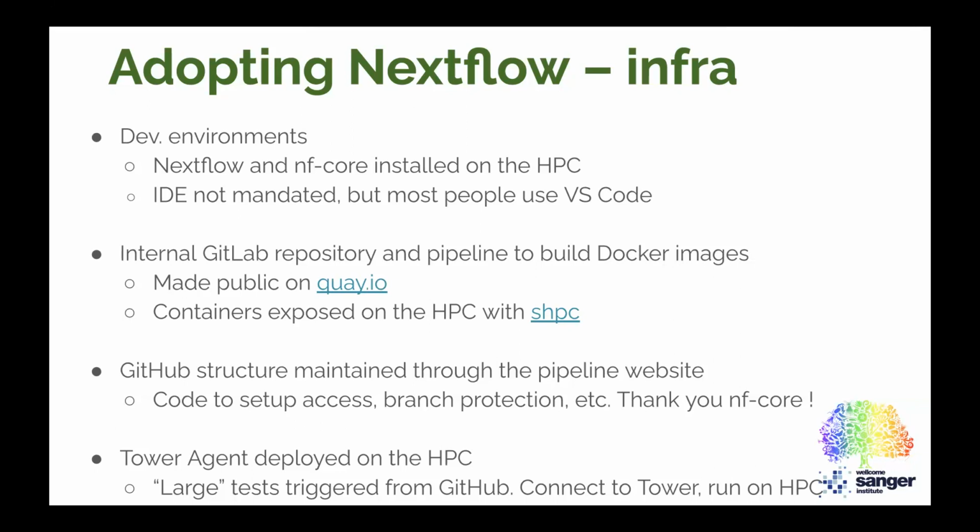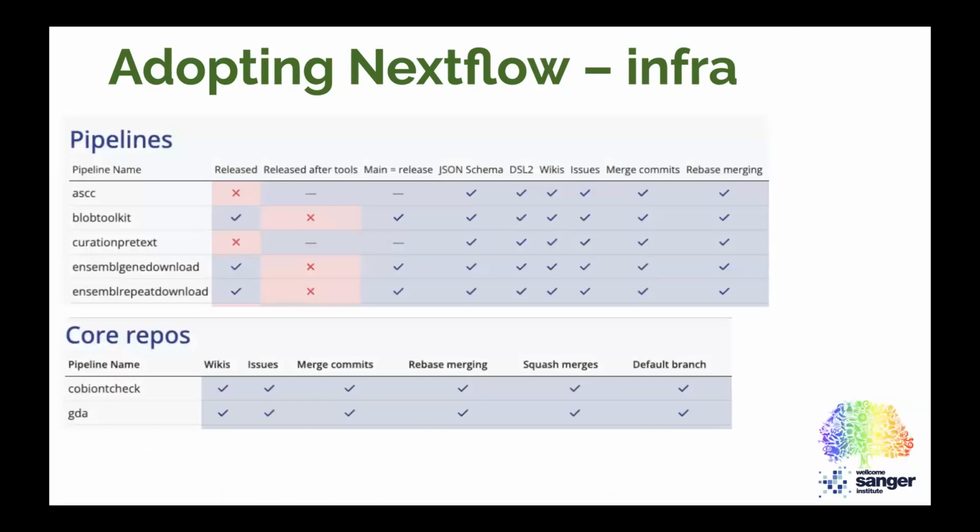All our GitHub repositories are now managed through the pipeline website from nf-core. I've got a slide to show that. That website has got code to interact with GitHub using the GitHub API to list all our repositories, and then we've got a list of checks, whether that's just a selection of those tests.